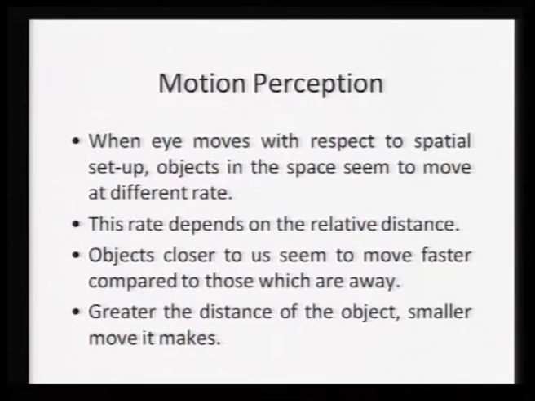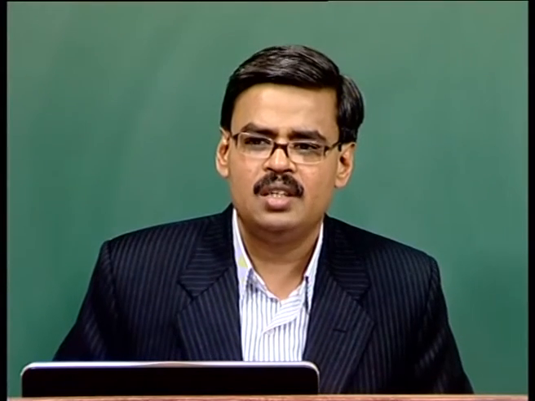When the eye moves with respect to a spatial setup, objects in the space seem to move at different rates. If you remember, just some time back we had seen those videos that were shot from a running car. You saw that the tree that was near to you moved at a rate different from the tree that was much more distant from you.